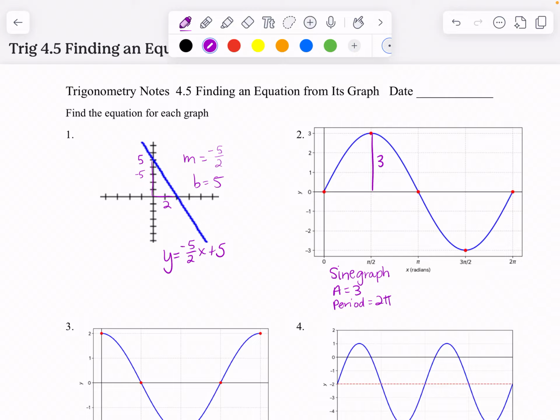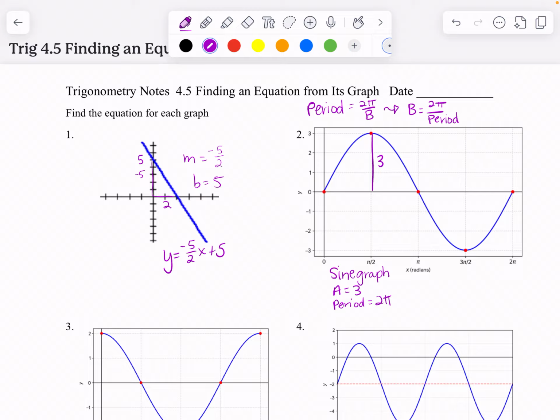That's when my graph starts over. It starts at 0 and then it goes to 2 pi. So now we need to find b and c, essentially. So my period equation is 2 pi over b. Well, now I want to solve that for b. So that means that b is 2 pi divided by my period.